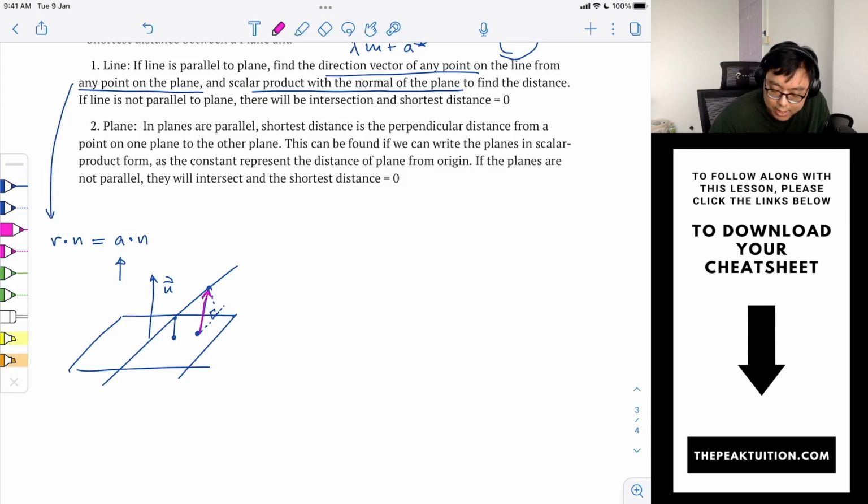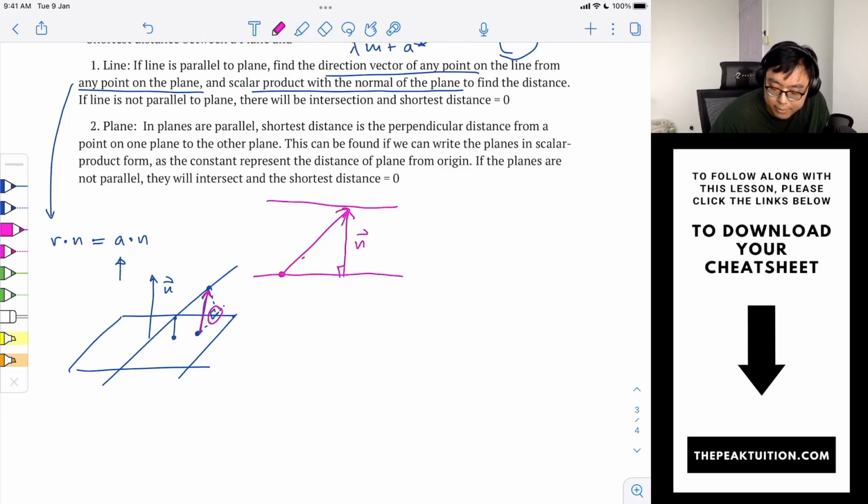Just now I think I didn't explain why this is 90 degrees, but basically the normal of the plane would point upwards. So we switch to this plane. This is the plane, this is the line, and the normal will point this way, no matter what. The normal is 90 degrees.